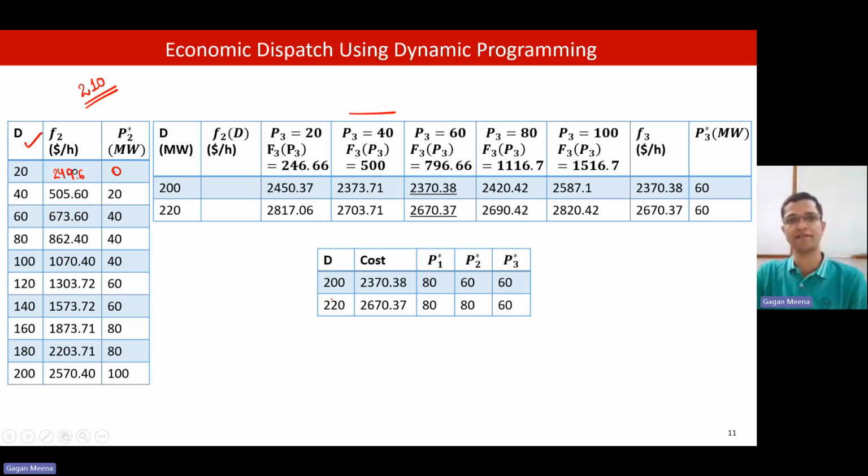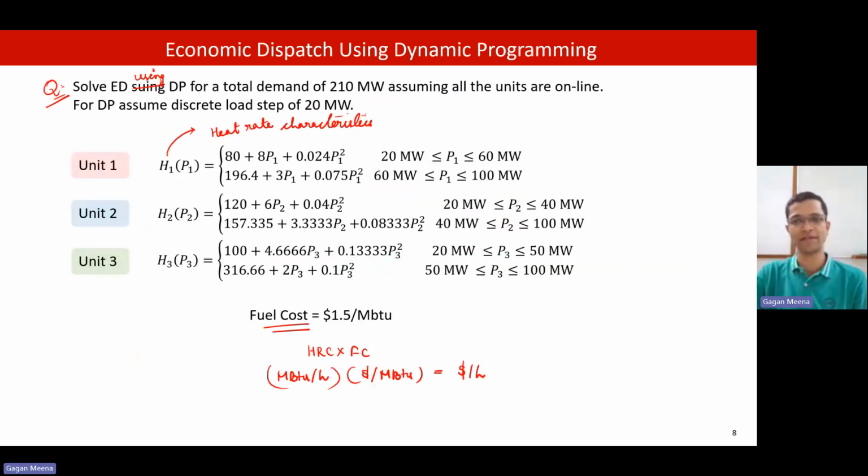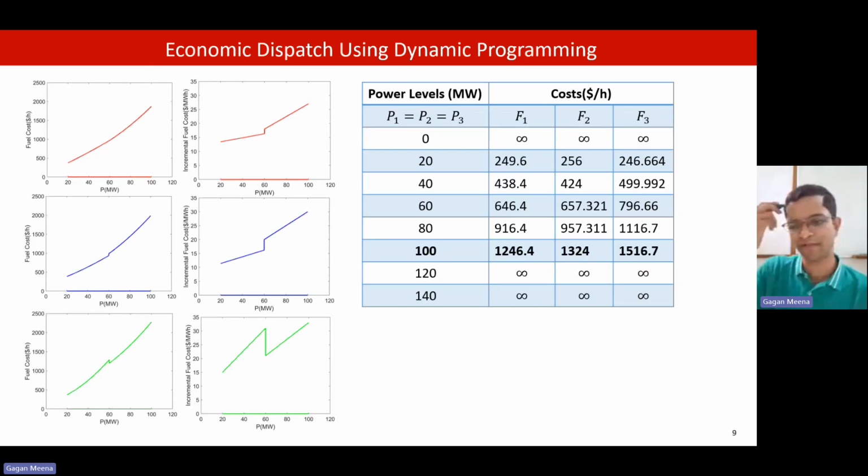First thing, right from this step, when we are given the heat rate, first multiply it by fuel cost, then you will get the overall cost. Then calculate, because we are using dynamic programming, it requires discrete steps. We are taking here a discrete step of 20.